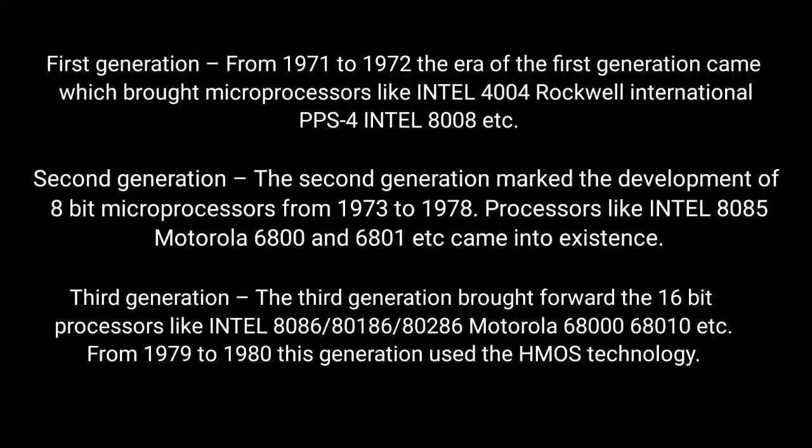Third generation. The third generation brought forward the 16-bit processors like Intel 8086, 80186, 80286, Motorola 68000, 68010, etc. from 1979 to 1980. This generation used the HMOS technology.